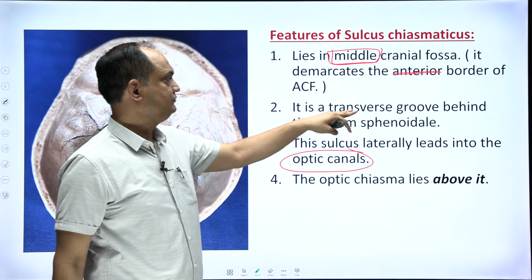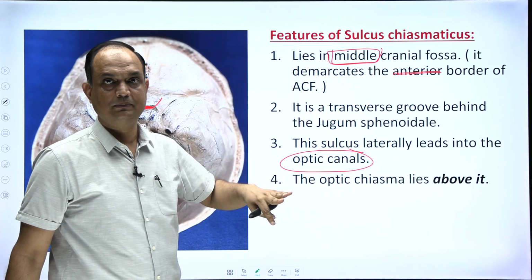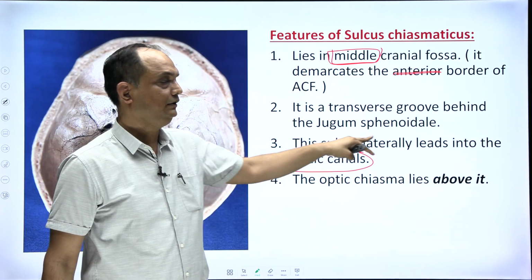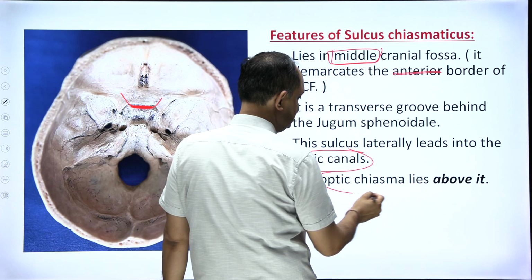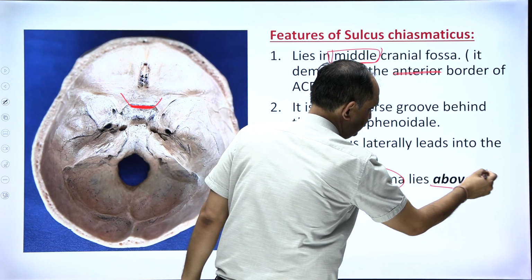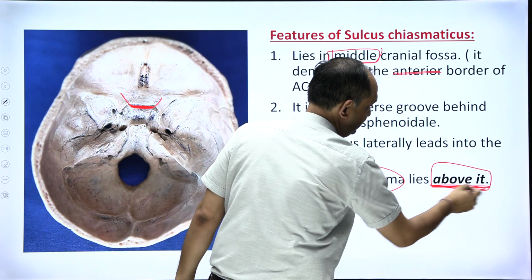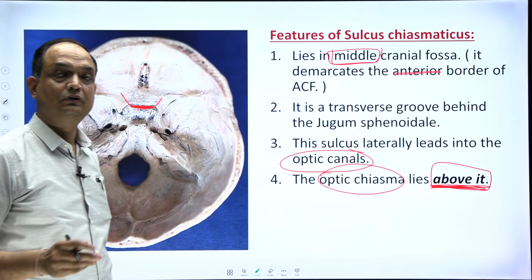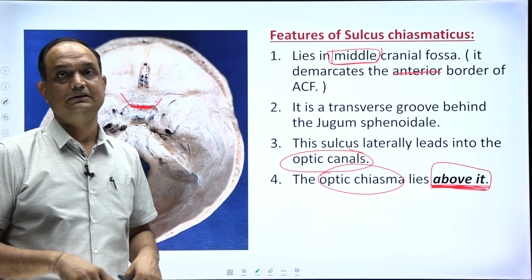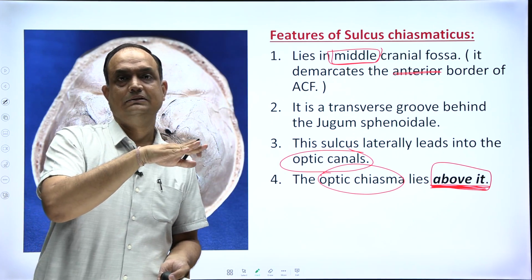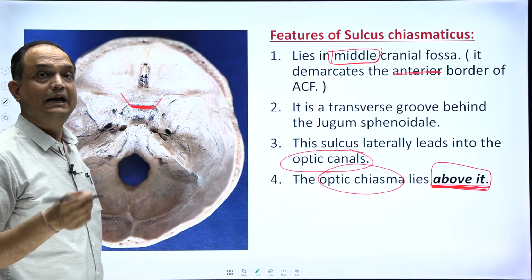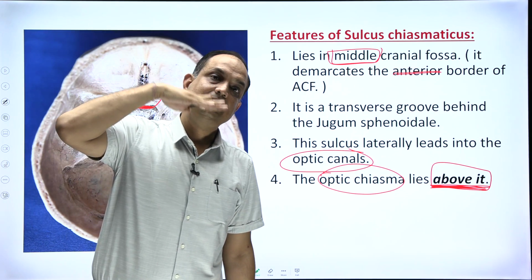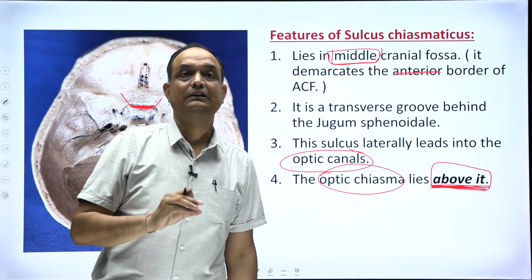It has a transverse groove just behind the Jugum Sphenoidale, and it is continued laterally into the optic canals, and the optic chiasma lies above it. Now why did I make it bold? Because the chiasma does not lie inside the sulcus, it lies above the sulcus. Clear? So this area is related with the optic chiasma, because the optic chiasma lies above the sulcus, not in the sulcus.